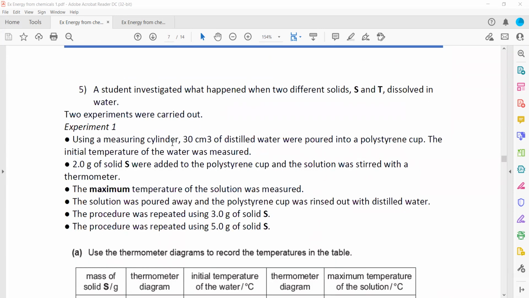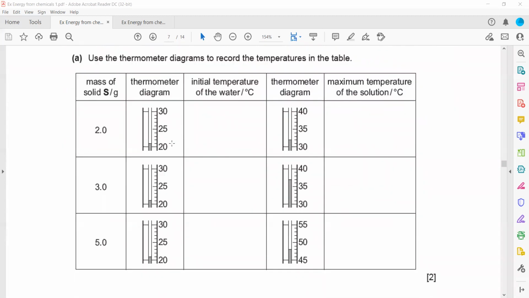Another similar question is there. Use a thermometer diagram, record the temperature in the table. What is the initial temperature? 21. What is the final temperature? 32. Initial temperature 21, final temperature 37.